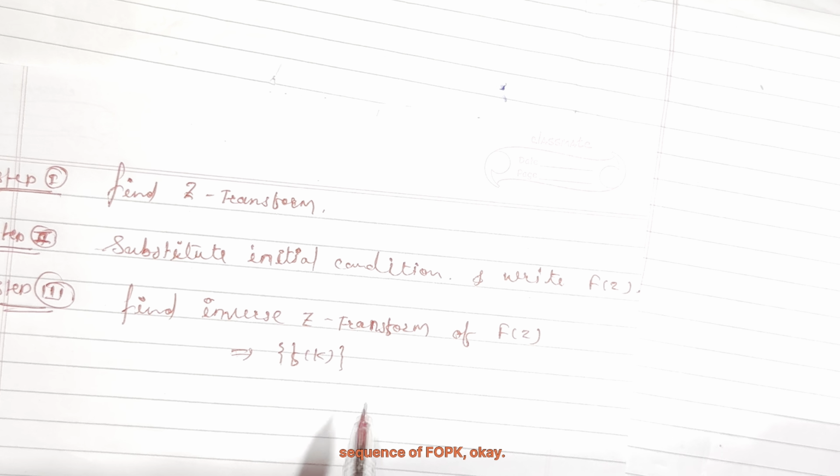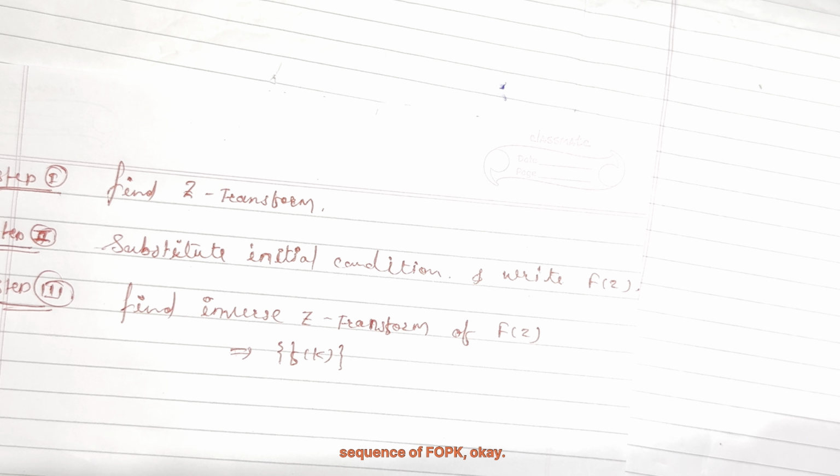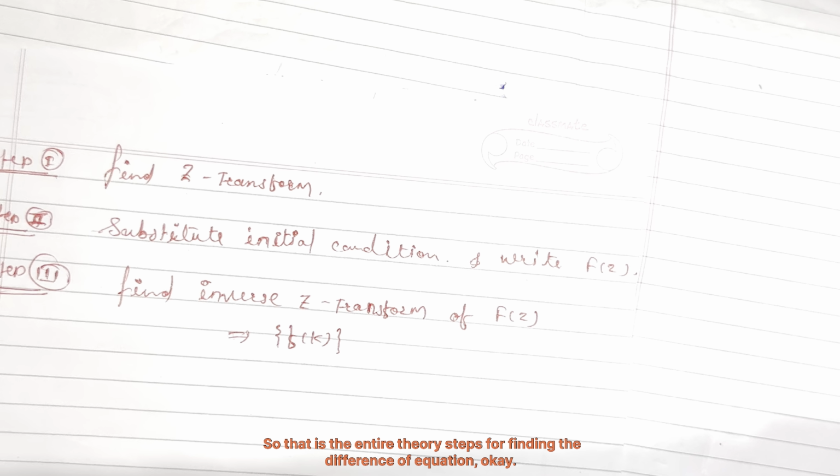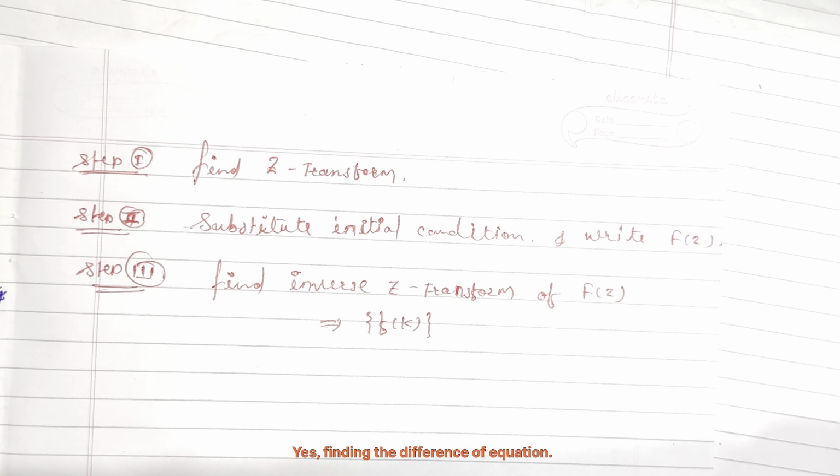After dealing with the inverse z transform of f of z, we will get the sequence f of k. So those are the entire 3 steps for solving the difference equation.